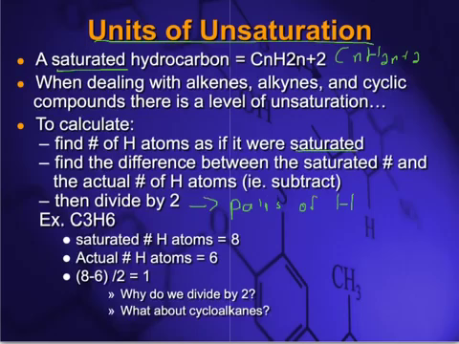So for example, C3H6. If we do the math, 2 times 3 plus 2, the maximum number of hydrogens that 3 carbon atoms can hold is 8. However, there's only 6 hydrogens here, so there's 2 missing hydrogens, and 2 is just 1 pair. So the degree of unsaturation for C3H6 is just 1.